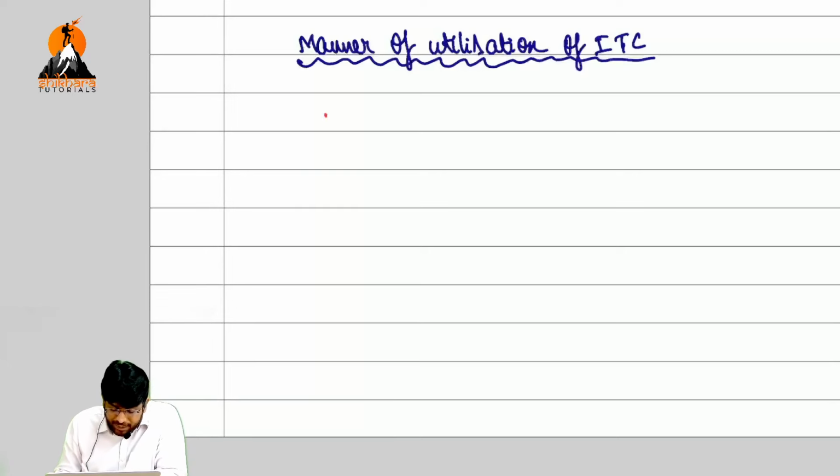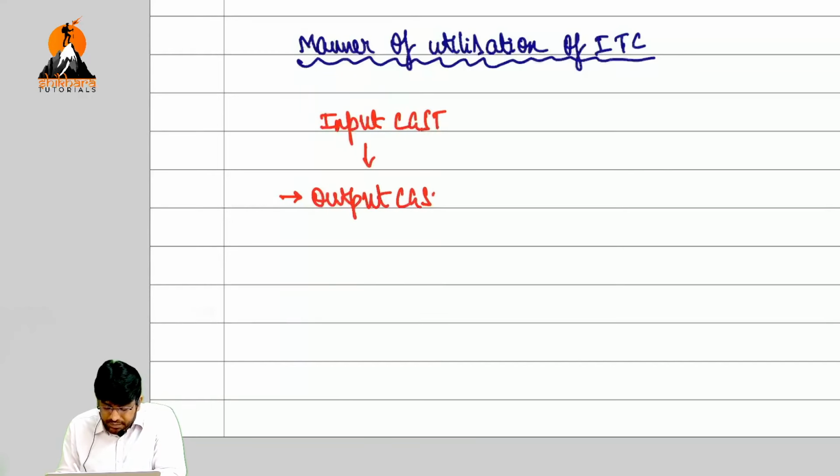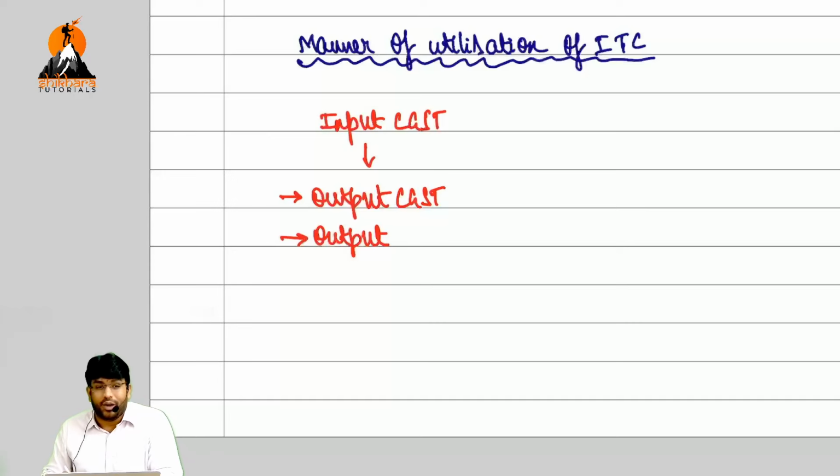Come on friends, what might we have? First possibility, we might have input CGST. If we have input CGST, we'll use it for what, sir? Output CGST, then output IGST. We can't use it for SGST. Input CGST, what the law says is, first use for output CGST, then use for output IGST.